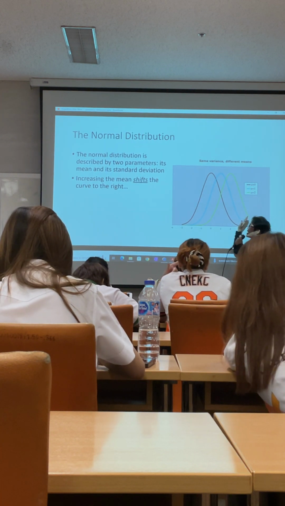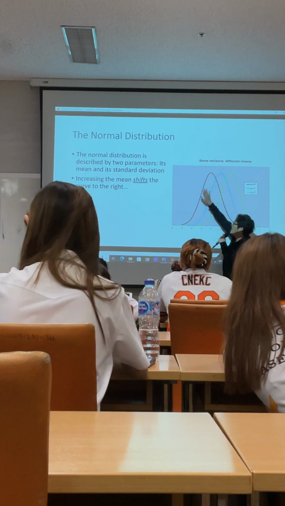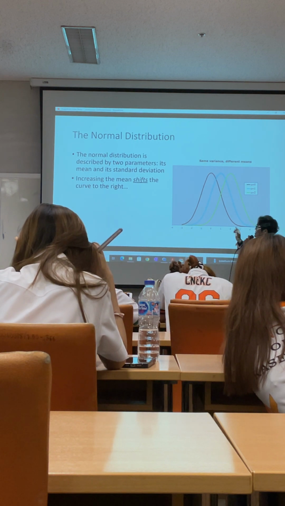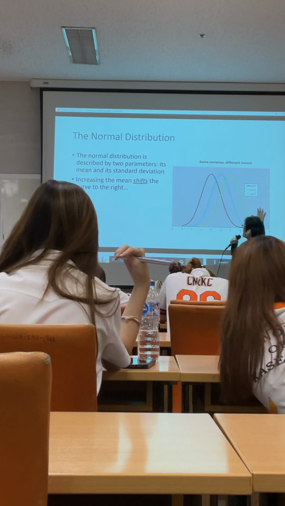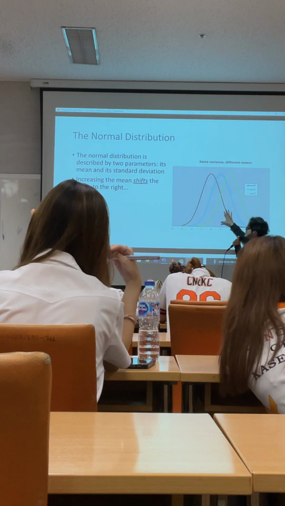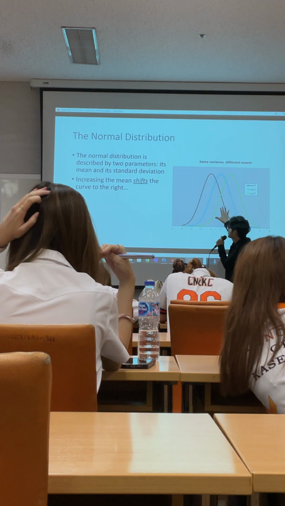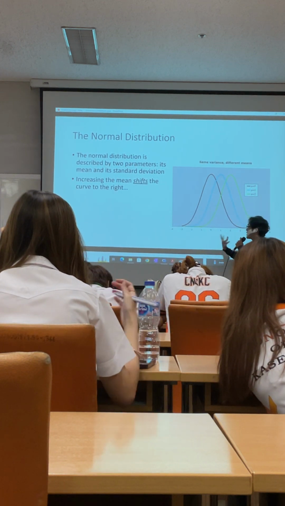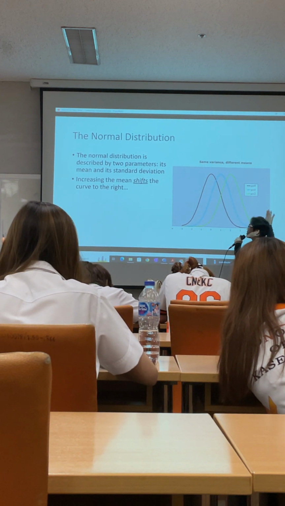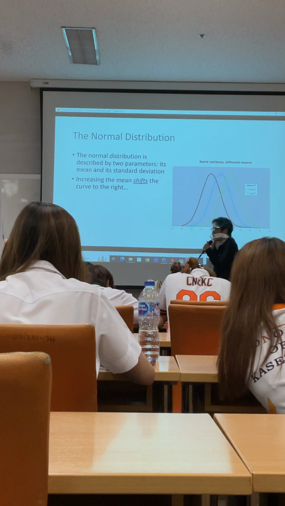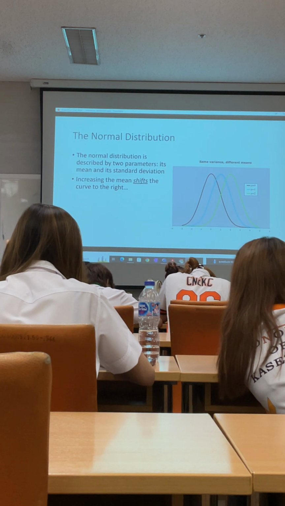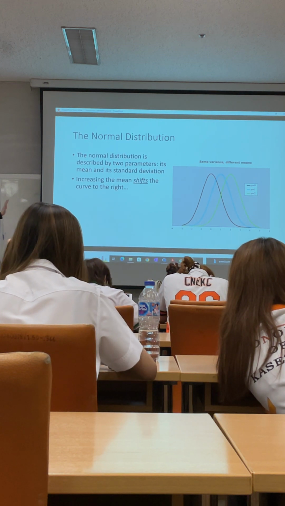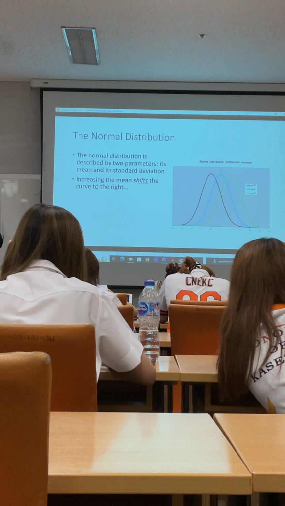If you change the mean, you don't change the shape of the distribution, you don't change the variance. What you change is that you shift left or right. If you reduce the mean, you move the whole thing to the left-hand side. If you increase the mean, you move to the right-hand side, but it will not change the shape or anything. Sometimes mean is called a location parameter because it moves the location of the whole distribution.